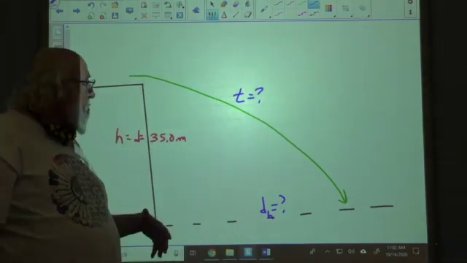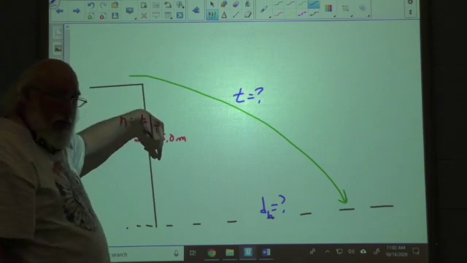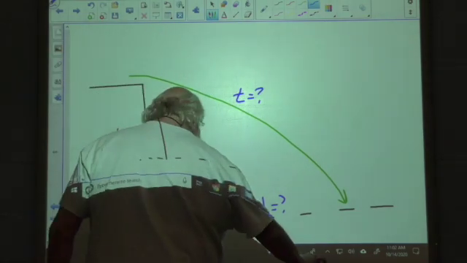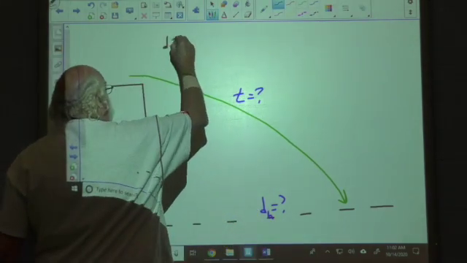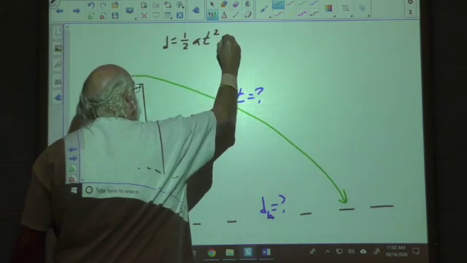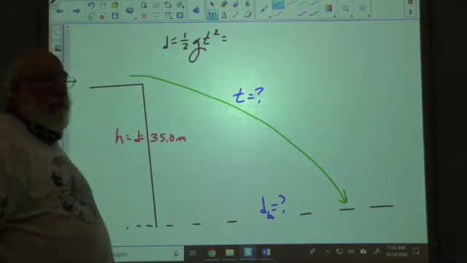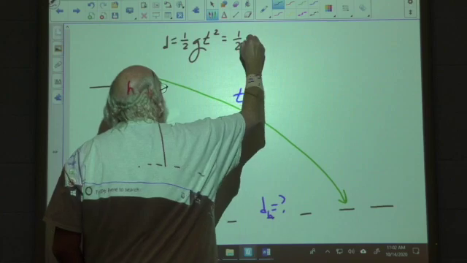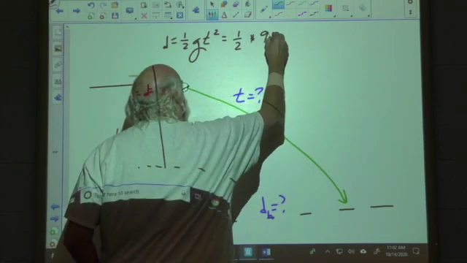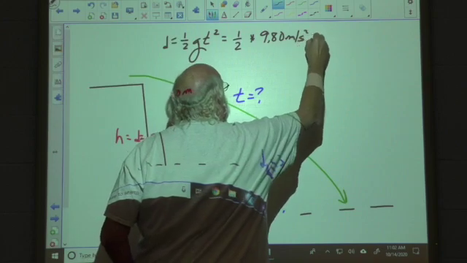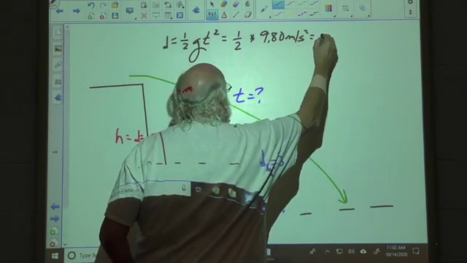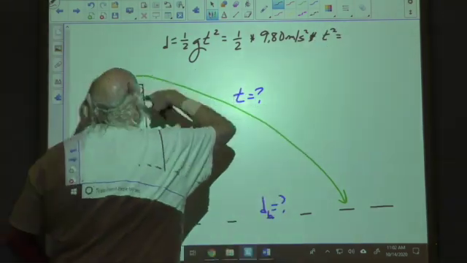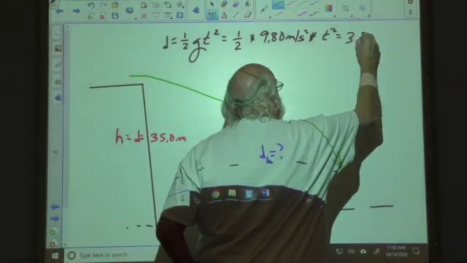And like I said, because the initial vertical velocity downward is 0, then we can use the formula d equals 1/2 at squared, where a is g because it's the vertical, the gravitational pull on it. So this is going to be equal to 1/2 times 9.80 meters per second squared times time squared, and that's going to equal the distance d, which is 35.0 meters.